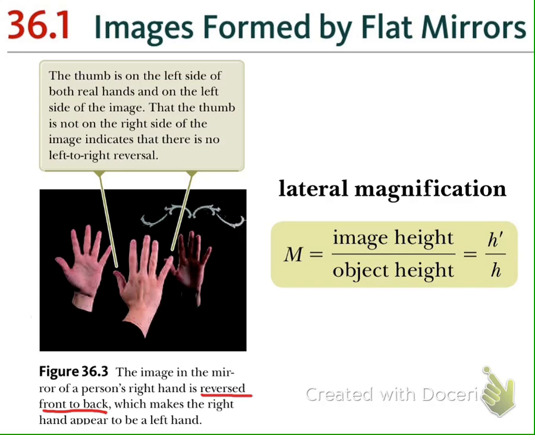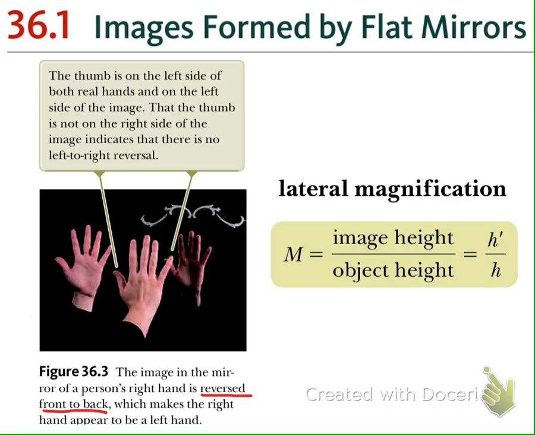Because the light that travels from your hand goes to the mirror, and then it travels back in the same direction. So it's like the light goes like this and then goes back in the same direction. It's not like it goes like this and then it's reverted. No, it's not left to right, but it's front to back. So that is the property of the image of the mirror. Okay.